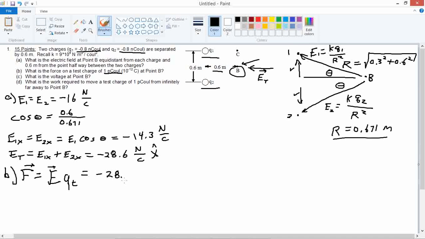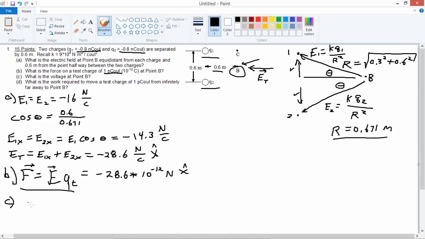You can leave it in this form if you want. Coulombs in the denominator and coulombs in the numerator cancel out, so you're just left with newtons, in the x hat direction. Once you know the electric field, force is easy.